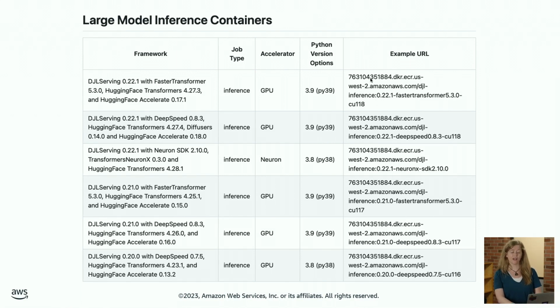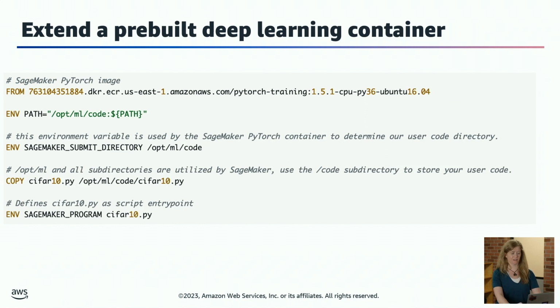But the account ID is the same. So it's just a net copy. Then you can extend this thing. So once you are pointing to the deep learning containers, again, using the right region that you're in, and updating the container name, you can extend this container.